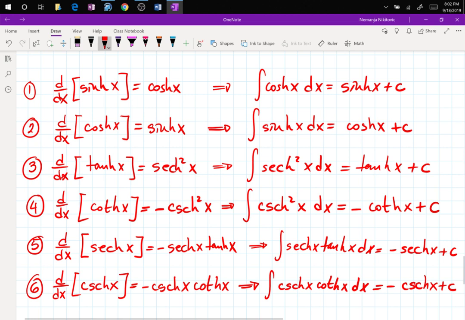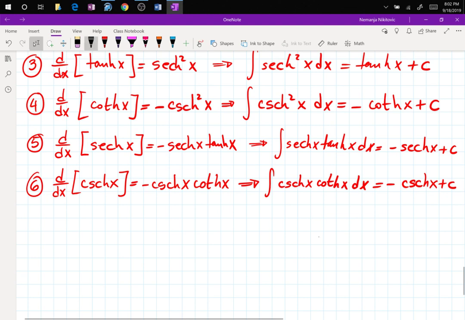Good. So now we're going to practice a few of these examples using, as I said, chain rule and u substitution, because those are the two techniques that you will use with these formulas. To help out here, I'm going to write the modified number one.